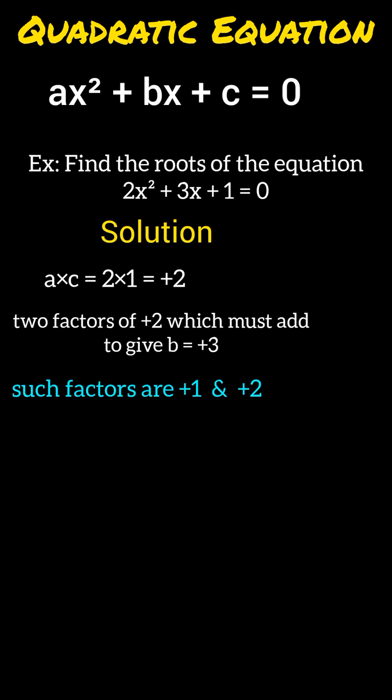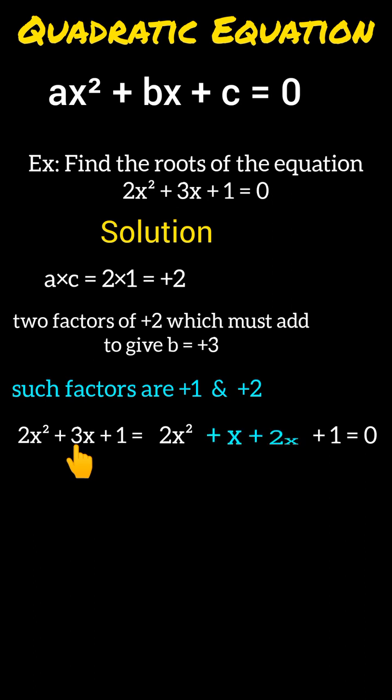Now what do we do with these factors? Go back to the given quadratic equation. 2x squared plus 3x plus 1. In place of the 3x, replace it with the factors. What are the factors? Plus 1 and plus 2. But that 1 and 2 will carry x, will bear x.